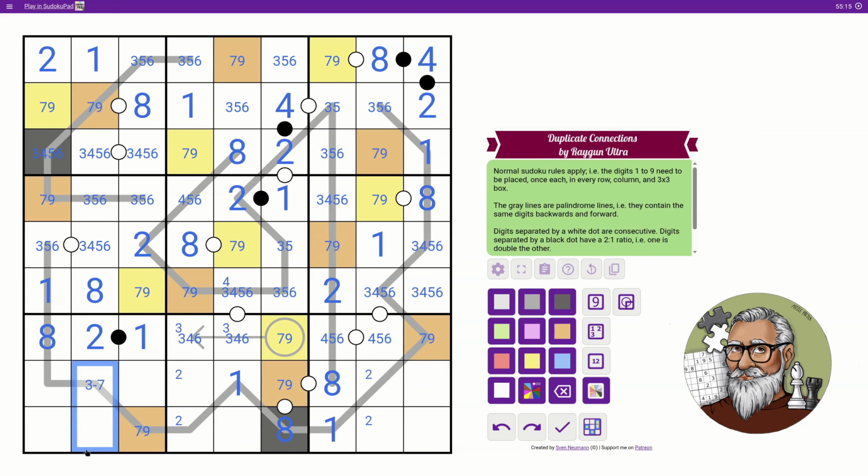One of these would have to be from 7-9. Again, it can't be this one because that is, which one is that? That's this one. This one can't be 7, so this one isn't 7. That is yellow, and that is yellow 7-9. All right. Okay.